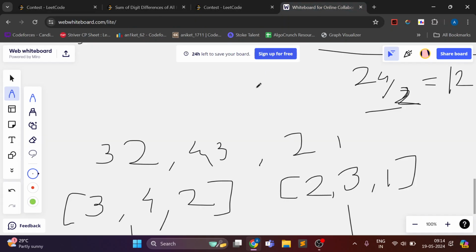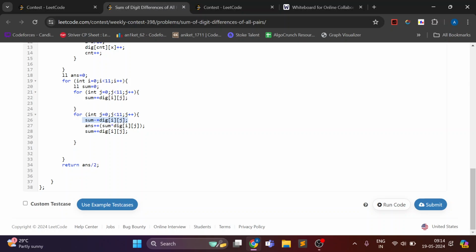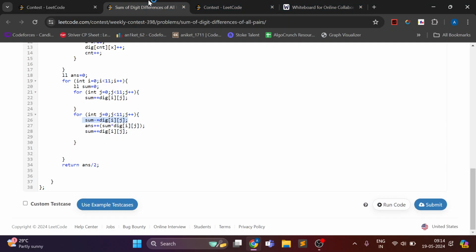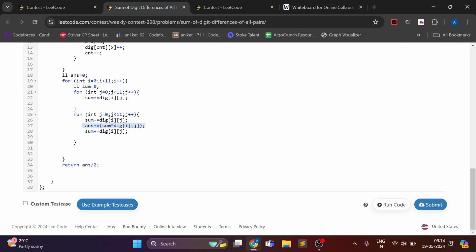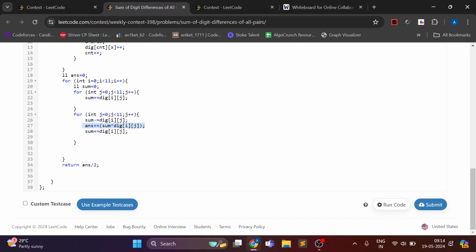Then I'm calculating this value, which will be 6 minus frequency of 3. So total sum minus frequency of that element, and I'm adding that contribution.